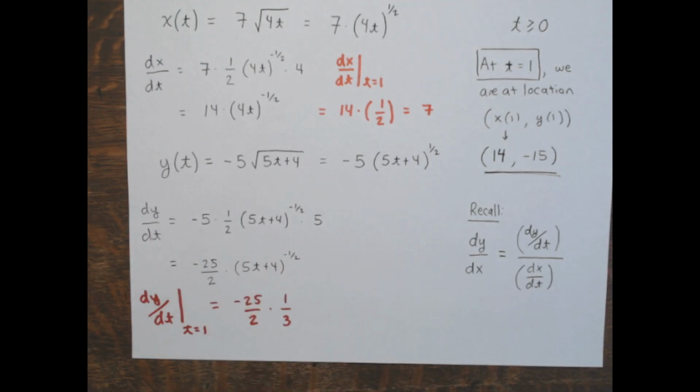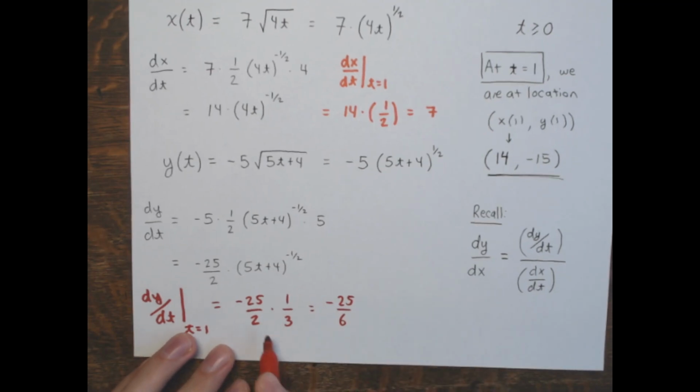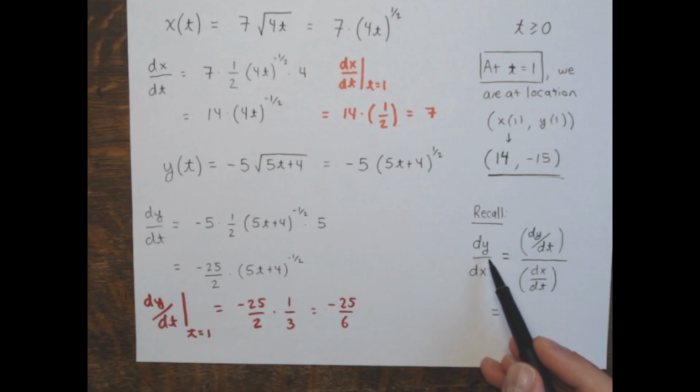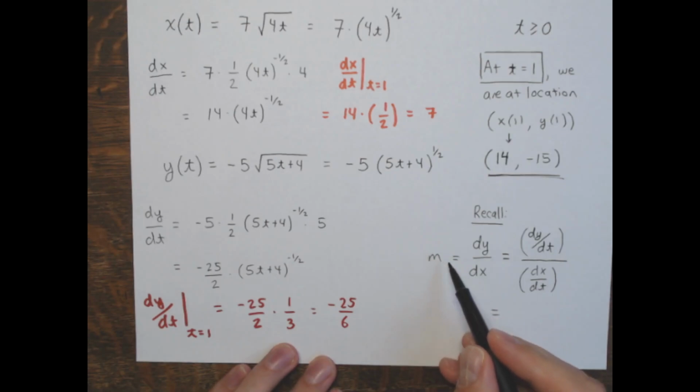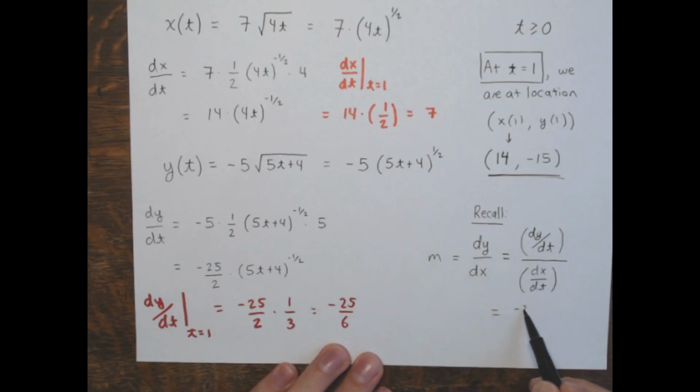This is negative 25/6 when I multiply these fractions. So that's going to go in the numerator here. So the derivative that they're looking for, the slope of this tangent line, which they were calling m for slope, usually m represents slope, is negative 25/6 in the numerator divided by 7 in the denominator, and this is at t equals 1.